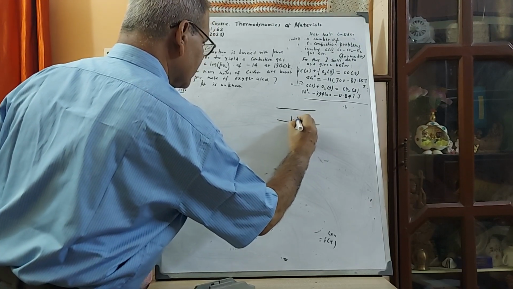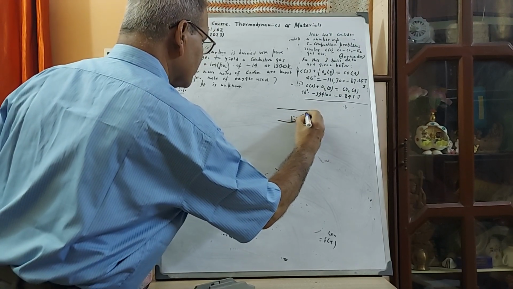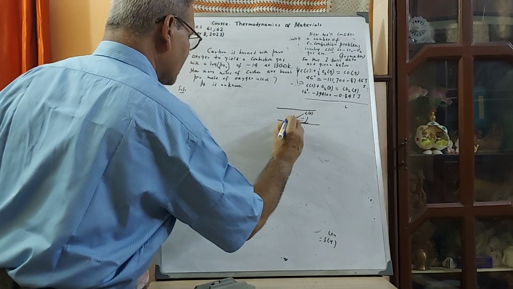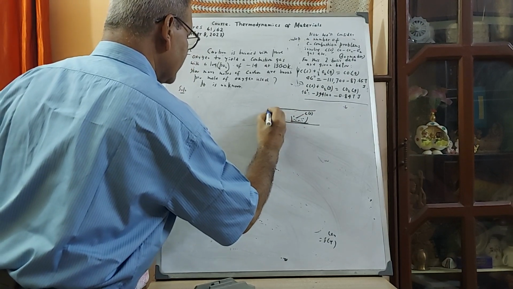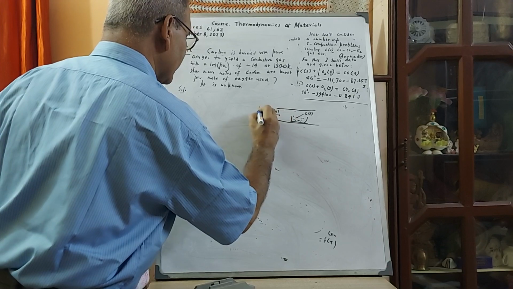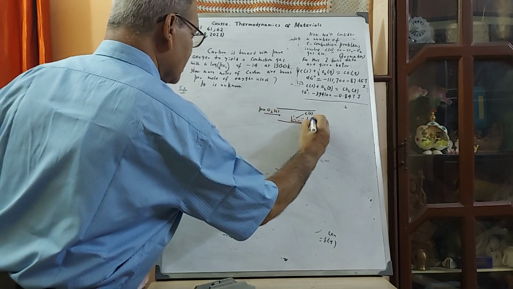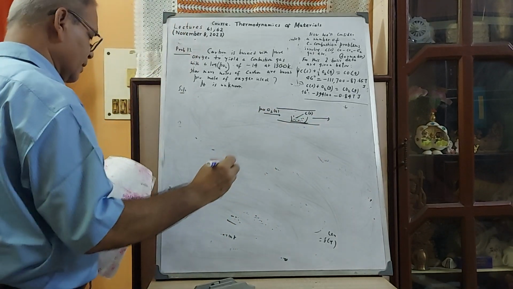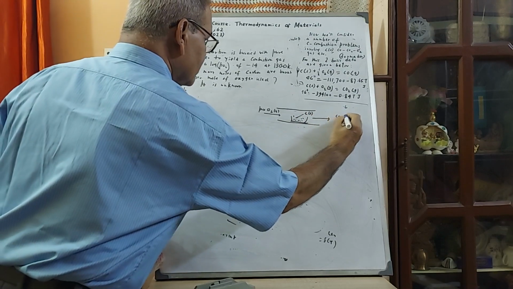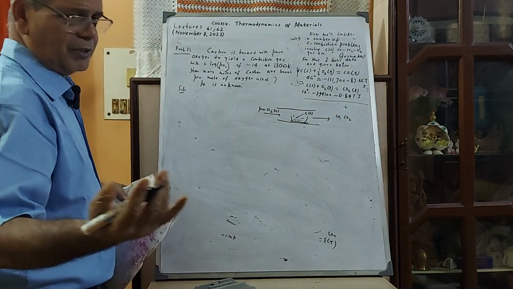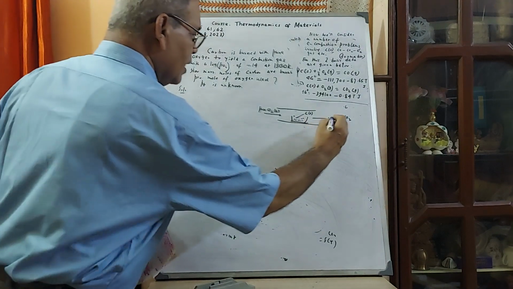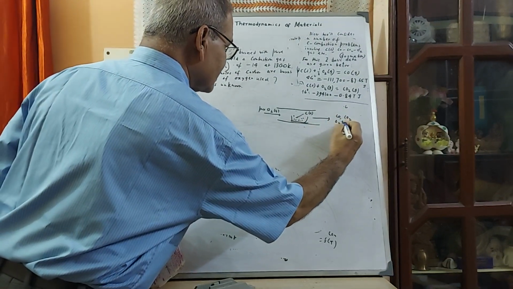Again, as before, carbon solid, and here you are sending pure oxygen gas, and it is leaving. What is this leaving? CO, as we expected? CO2. Obviously, CO2. What else will it be? CO2 and oxygen gas.